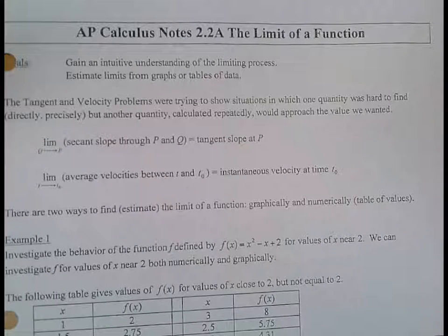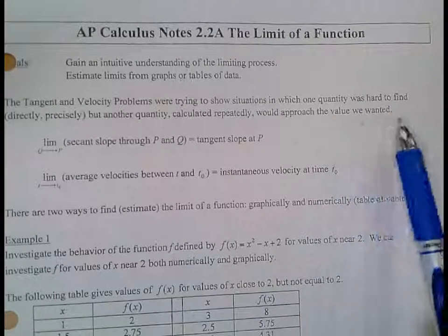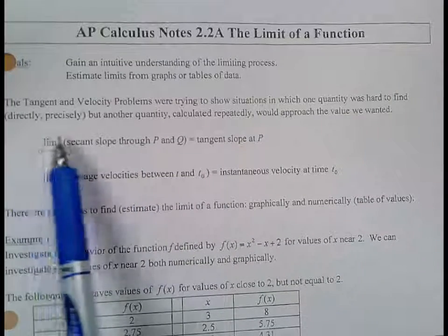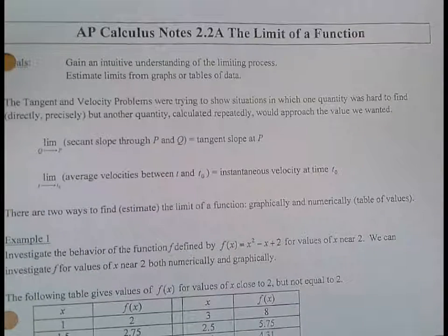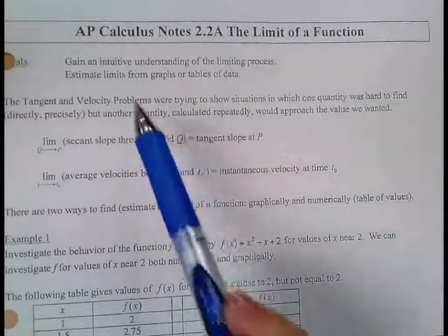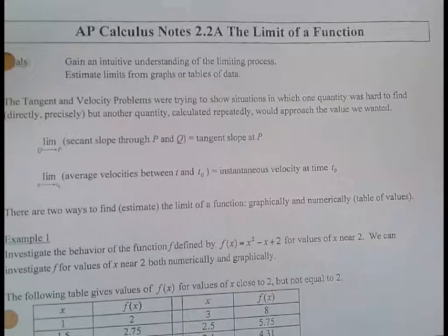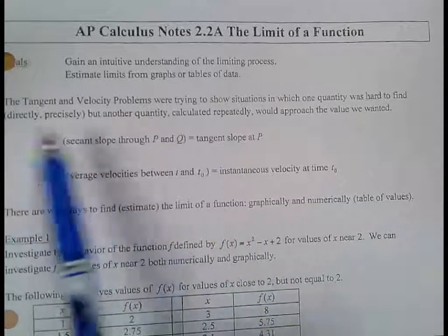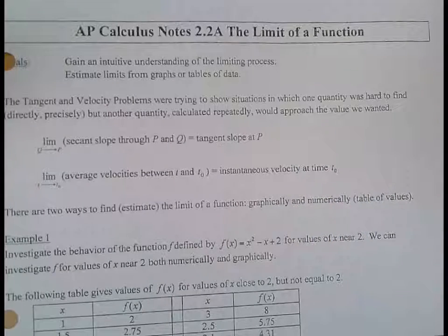We showed situations where one quantity was hard to find, either directly or precisely, like the slope of the tangent line or the instantaneous velocity, but another quantity, if you calculate it repeatedly, like your secant slopes or your average velocities, those easy ones would approach the hard to find values. So it's getting you that idea of the limit.